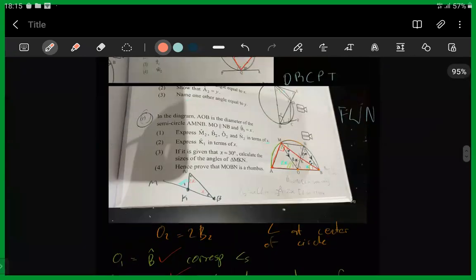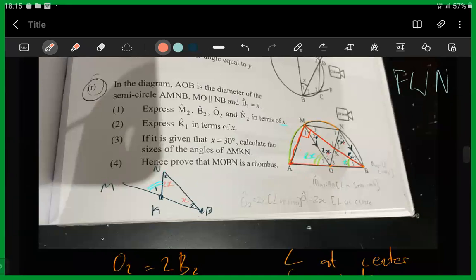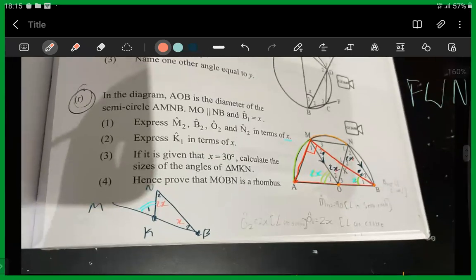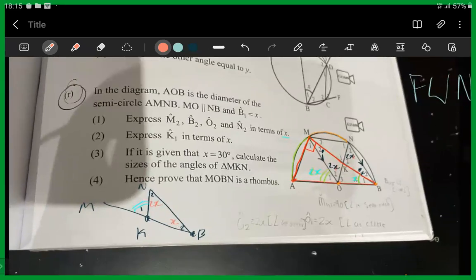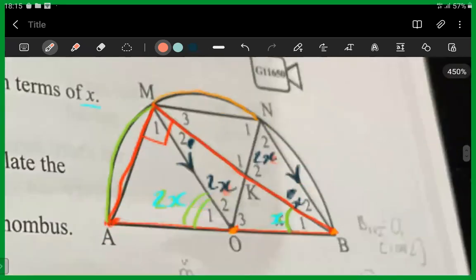So the last two questions here, it says, if it is given that x is 30, calculate the size of the angles of triangle MKN. I think you'll be able to do that one. As a hint, this is already 3x, so that gives us that angle. Also, you see that this is 2x, this is 2x.